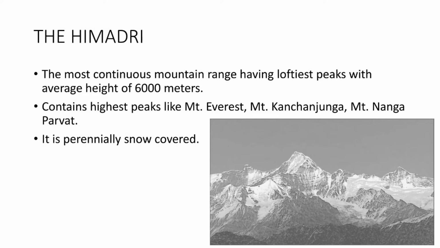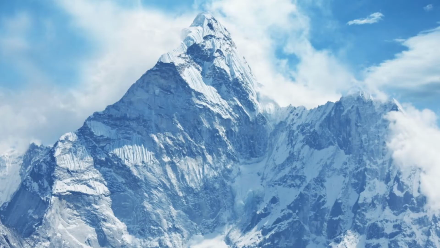You must be knowing which is the highest peak of the world. That highest peak lies in this Himadri. It is Mount Everest. Leaving Mount Everest, we have many other high peaks: Kanchenjunga, Dhauldhar, Annapurna, and many more. So Himadri is the storehouse of snow, and it is perennial, covered with snow.